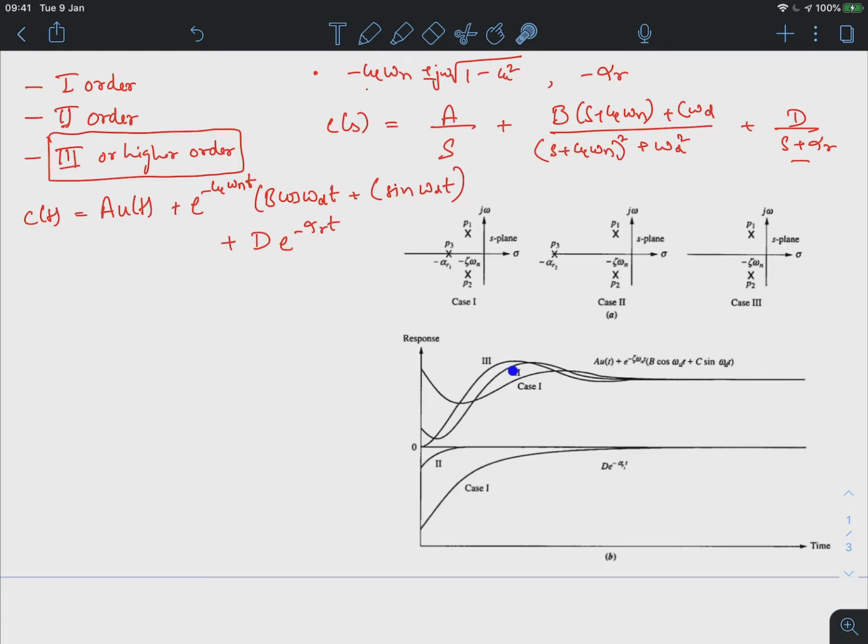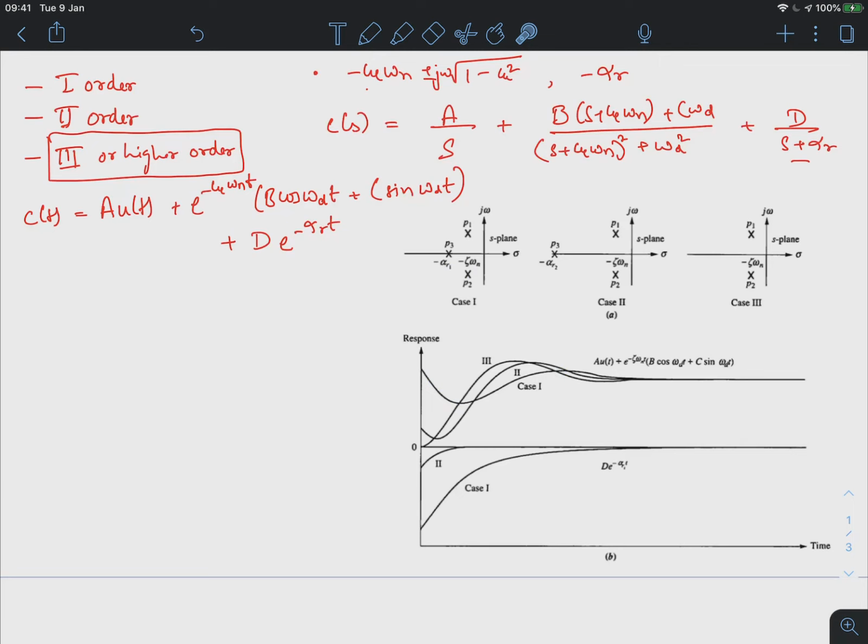In the second case, where we have alpha farther from the dominant poles, this is the response of the system. And if alpha is closer to the dominant poles, then it cannot be approximated by a second order system.